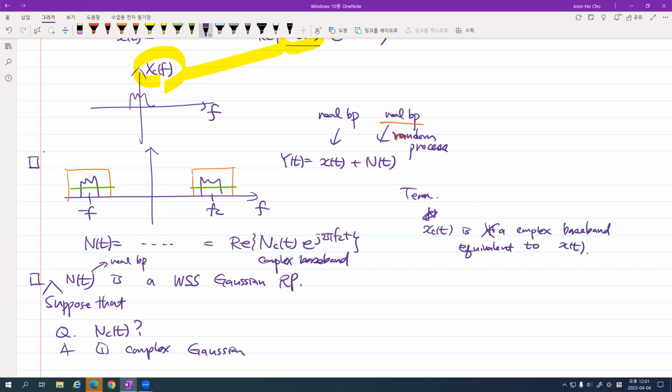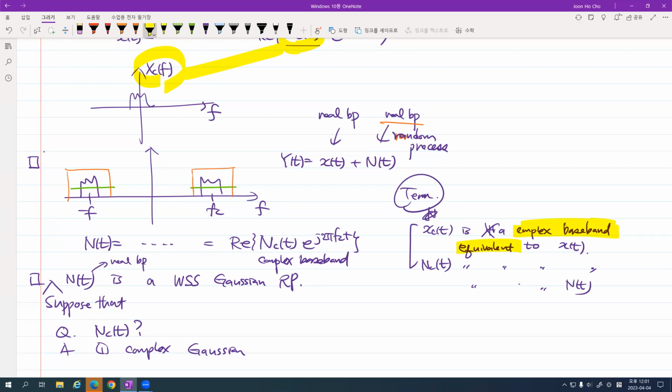So given a real valued bandpass signal x(t), this complex baseband signal is called a complex baseband equivalent. By the way, this is a noun, not adjective. Got it? Similarly, we say that this complex baseband random process is a complex baseband equivalent to n(t). So let me ask you a question.